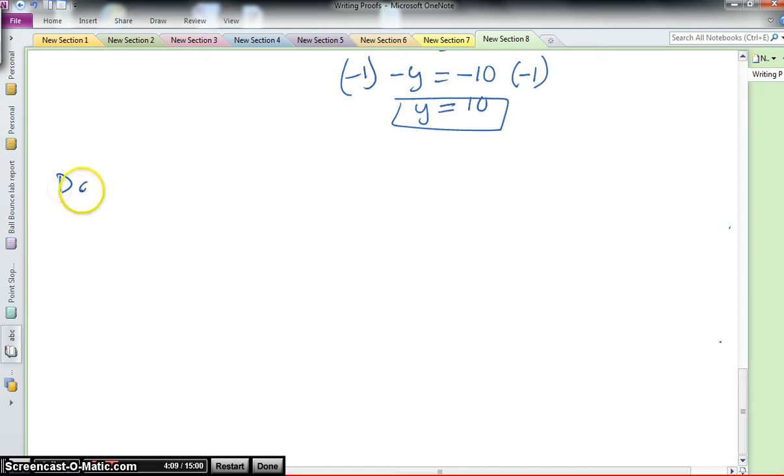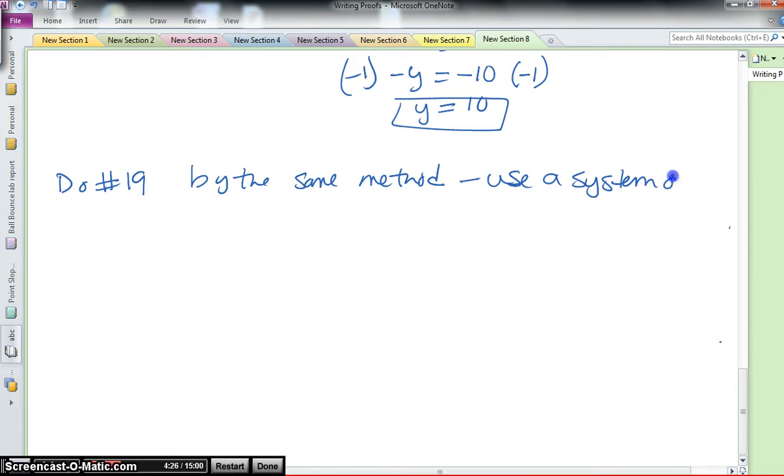Go ahead and do number 19 by the same method. That is using a system of equations. And check your answer in the back of the book.